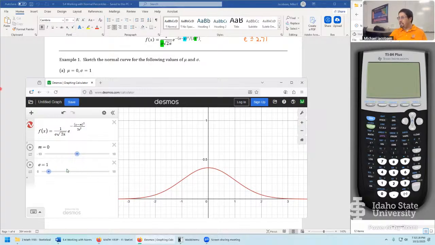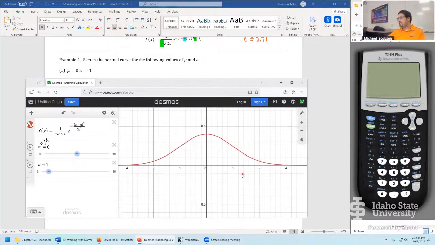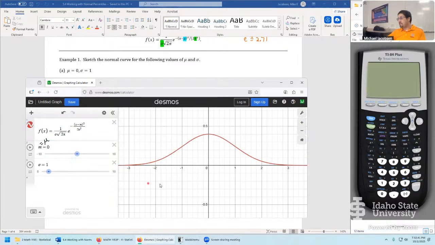One thing I should put in right away is that this is supposed to be mu. I just couldn't find a way to make that actually work in Desmos, except sigma, but not mu, for some random reason. But here's what it looks like. It's about like the graphs that we were looking at in the last section. If you're beyond 3 standard deviations, the curve is extremely close to the horizontal axis.